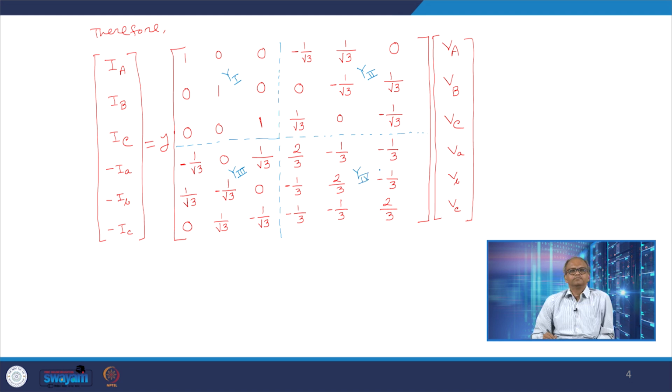So that's how this matrix would be given. And again, you can see very easily that y2 is transpose of y3 and vice versa. So these two are transposed to each other. This one is still an identity matrix, but this one is not an identity matrix, right? But these two are transposed to each other.